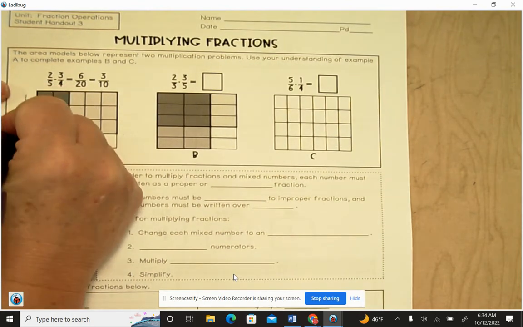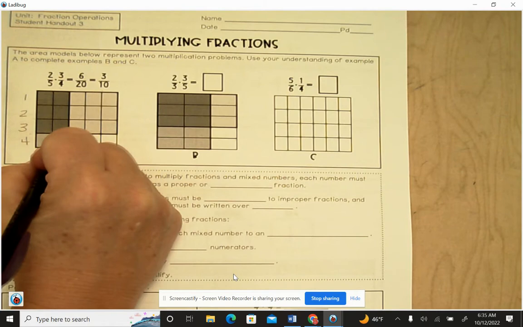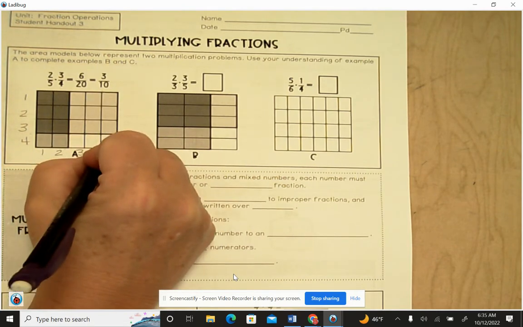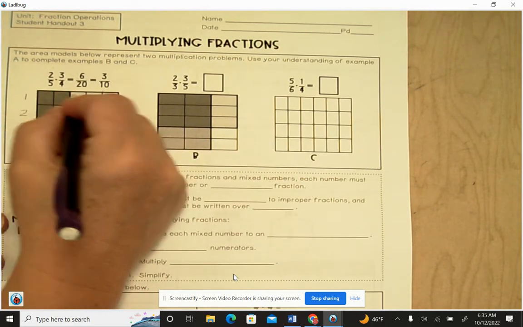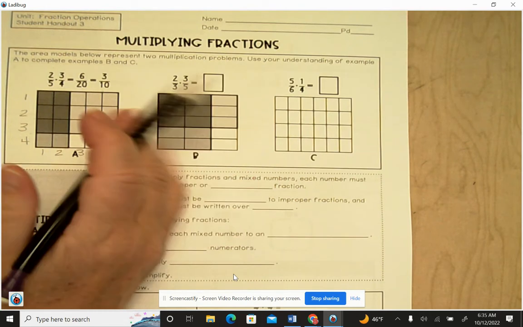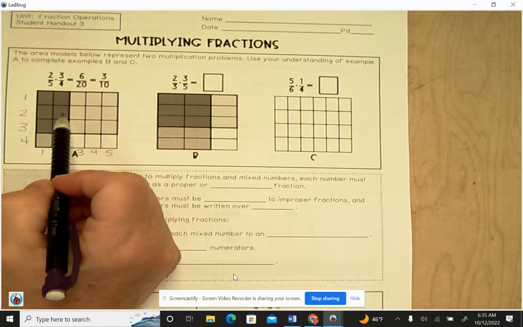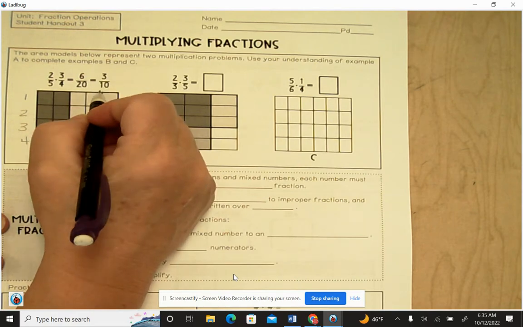So here's 1, 2, 3, 4. And here's 1, 2, 3, 4, and 5. And when you color those, you've got an array of 20. And then what's overlapping there is 1, 2, 3, 4, 5, 6, which is 6 over 20. And that reduces to 3/10.